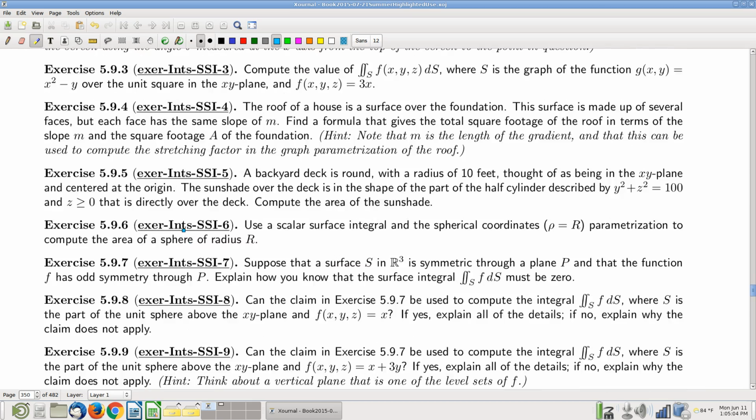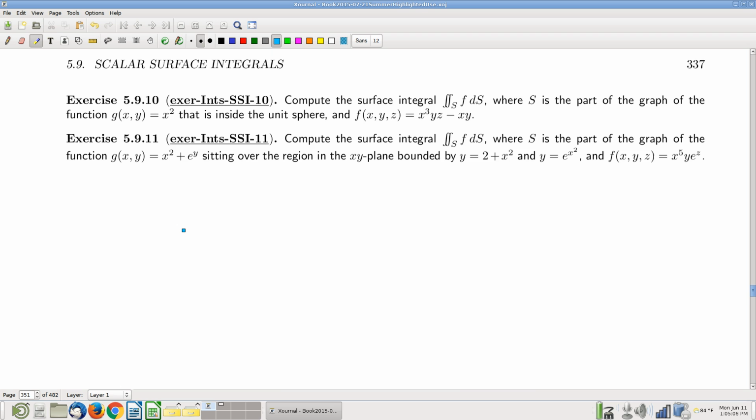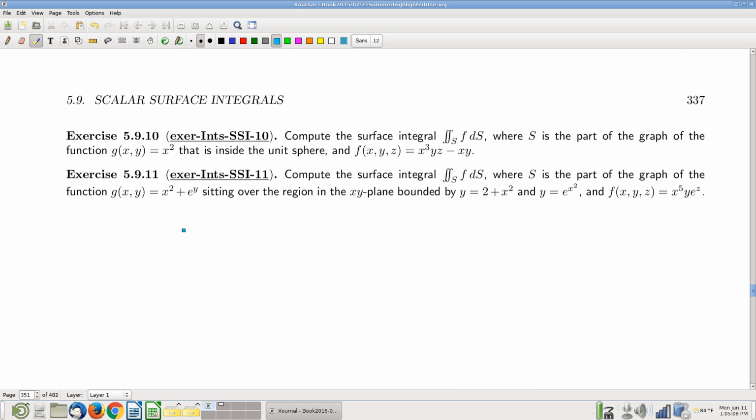Okay. All right, and of course more exercises. I do note, by the way, that the section on scalar surface integrals is modeled very closely after the section on scalar line integrals. Both the surface integrals and line integrals address analogous questions. It's just one's two-dimensional and one's one-dimensional. And in both cases, we have dimensionally awkward domains.